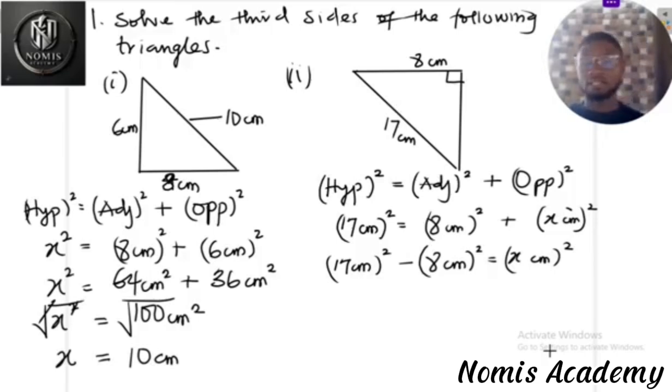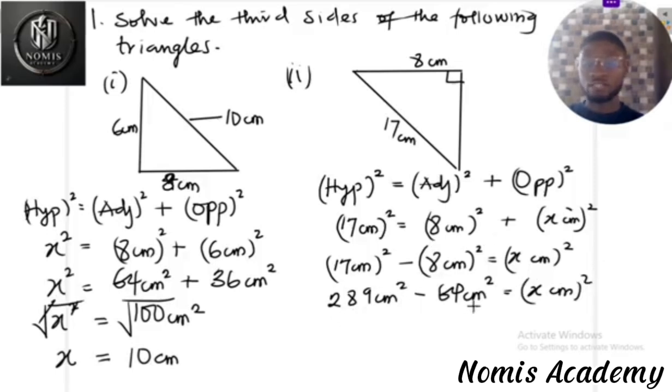Yes, 289. Correct. So that is 289 centimeters squared minus 8 times 8, which is just 64 centimeters squared, equal to x centimeter squared.